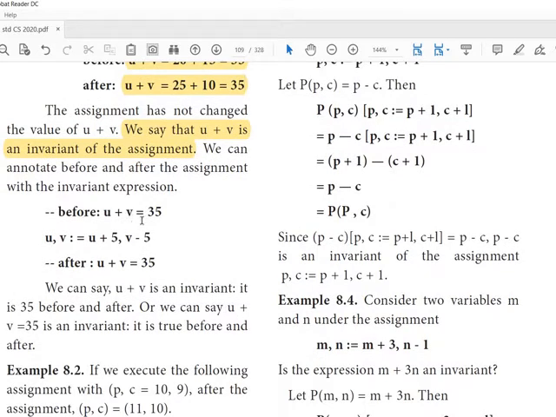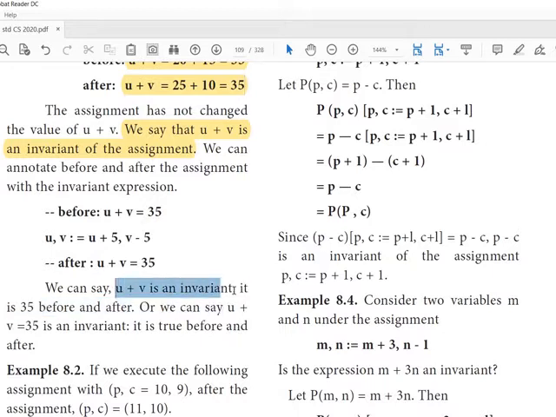Before, u plus v is 70, and after the change it is also 70. We can say u plus v is an invariant, or we can say u plus v equal to 70 is an invariant that is true before and after.